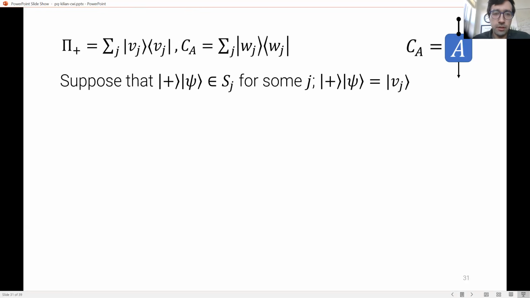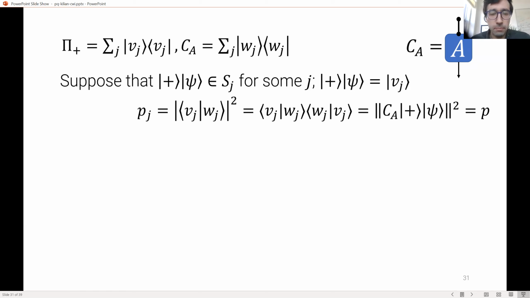Let's suppose that my initial state in the estimation algorithm lies completely within one of these subspaces Sj. This means in particular that it is equal to some Vj, because plus psi is, for any psi, a +1 eigenstate of pi plus. So this is going to be equal to some Vj if it lies completely in Sj.